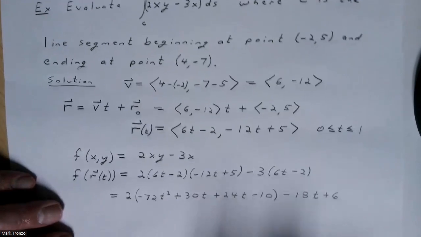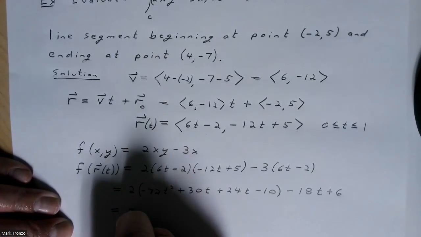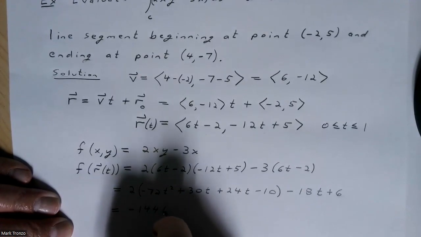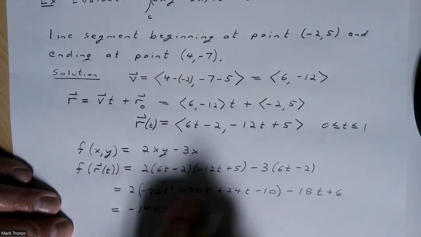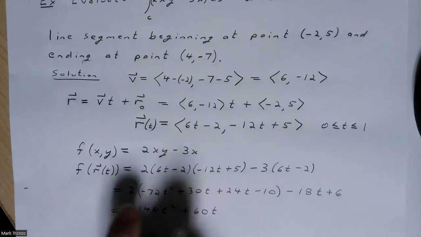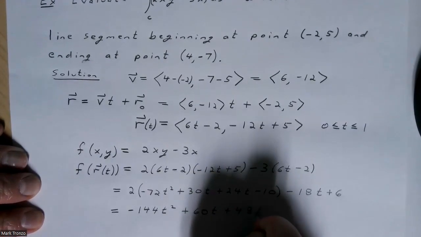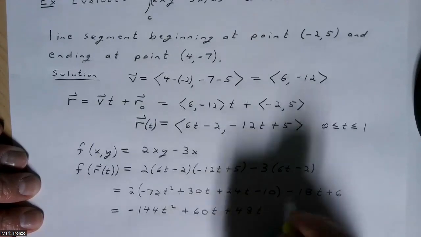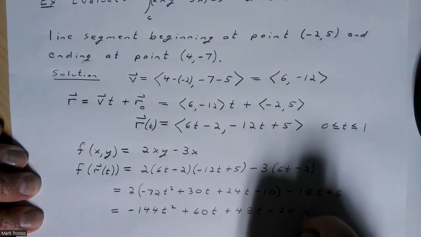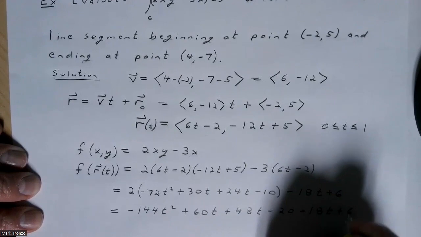And let's go one more step here. Let's multiply this up: minus 144t squared plus 60t plus 48t minus 20. And over here, let's put this minus 18t plus 6.